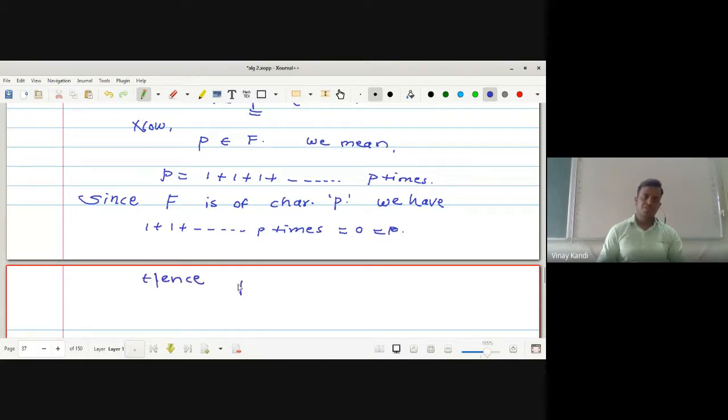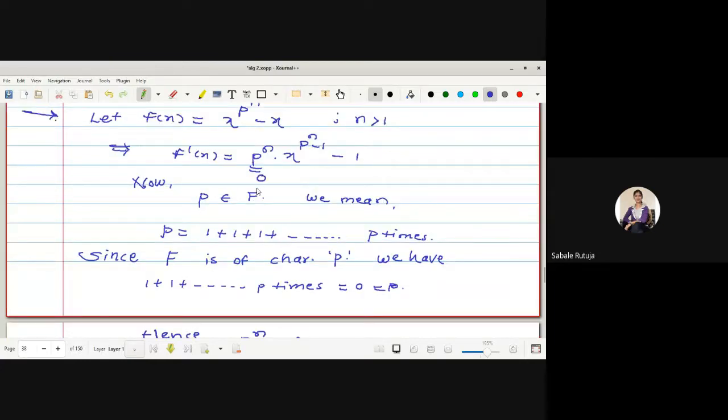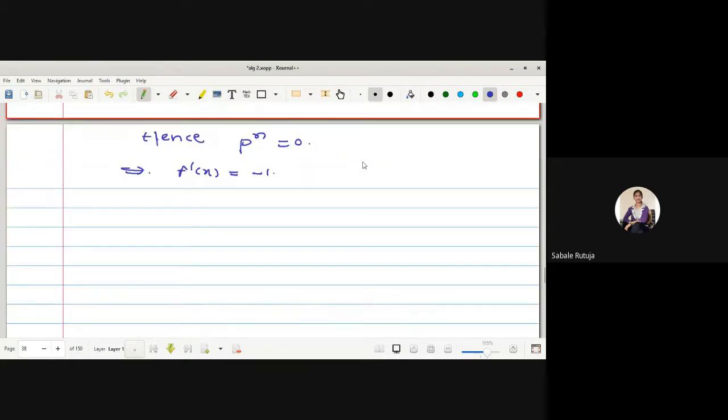Hence, p raised to n is equal to 0. This implies f'(x) is equal to minus 1. This term is 0, and 0 into something is 0. So f'(x) is equal to minus 1.